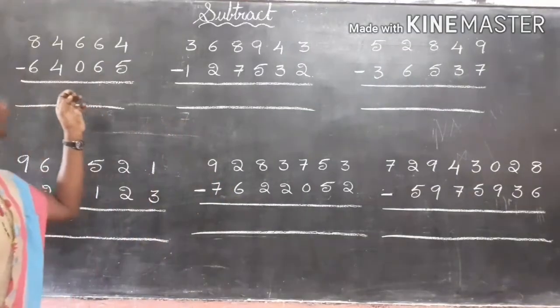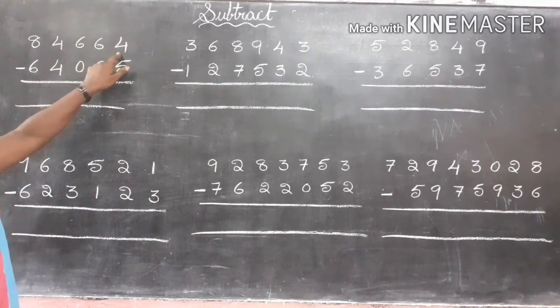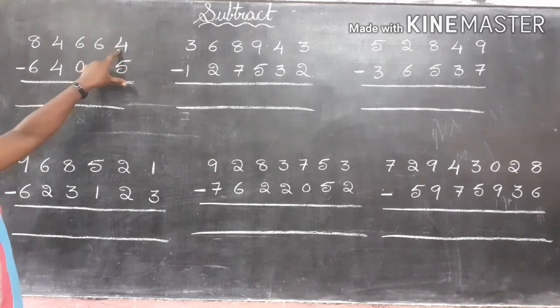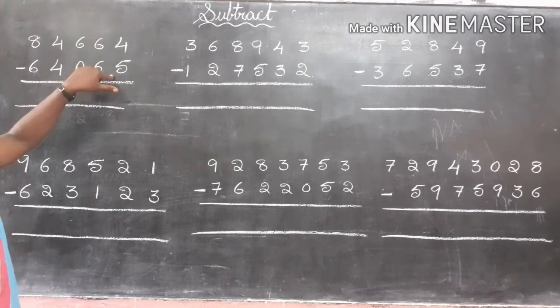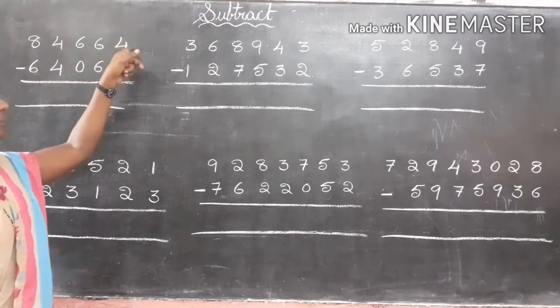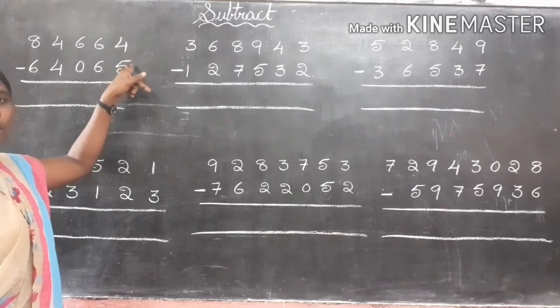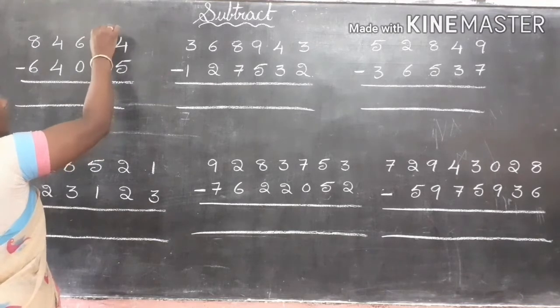Children, next one is here. We always have to start subtraction from the ones place. Yes, we have to start from here. 4 minus 5. Is it possible to do the subtraction? Which is the smaller number? Here the top number is 4, the bottom number 5. Okay, we have to take the borrow. So when we take borrow from here to here, it is 5.